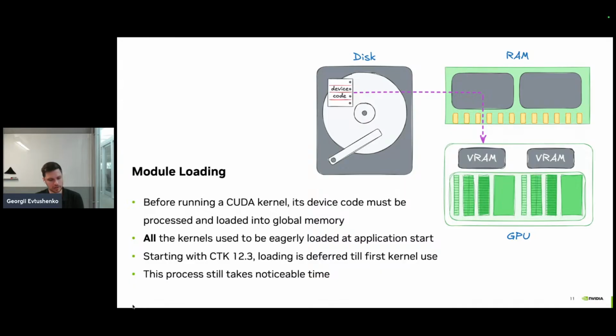That is why, from CUDA Toolkit 12.3 forward, we switched the default to lazy loading of the device code. This means that the device code will be processed and loaded into global memory upon the first use of a kernel. And this takes significant time that slows down our profiler.